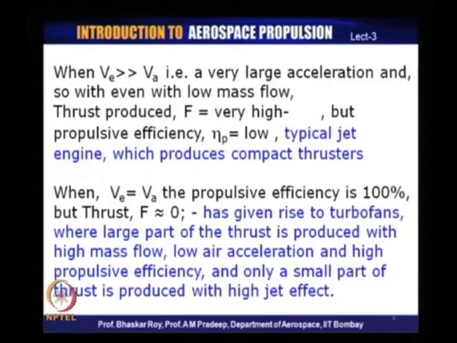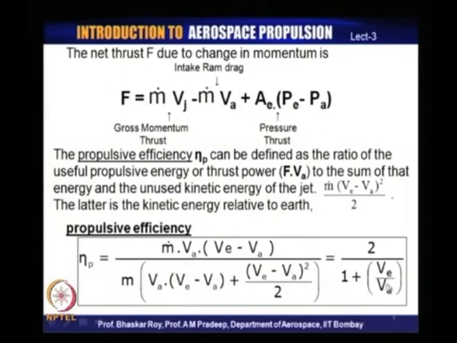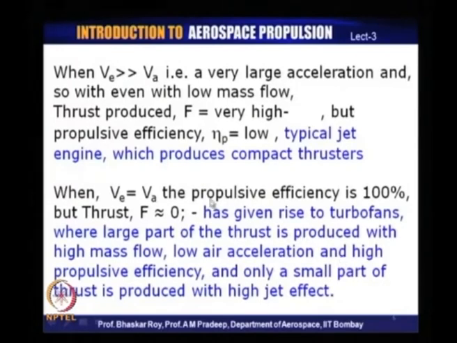The other end of the picture is, supposing when the exit velocity is equal to, or let us say almost equal to, the entry velocity V A, then the definition tells us that numerator will be equal to the denominator, both would be 2, and as a result of which your propulsive efficiency is actually going to be 100% or very close to 100%.